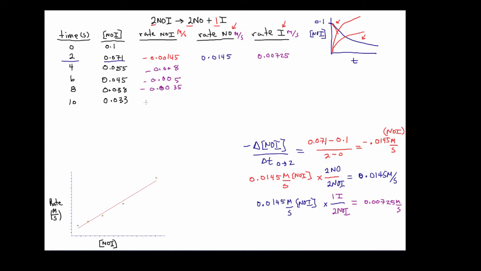All right, and let's see, my last rate value here is going to be 0025, and then as a reflection of this, these values will be the same in magnitude for the NO. All right, no negative sign because they're being produced. And then your I values are all going to be half these values in each case because of the stoichiometry of the reaction.